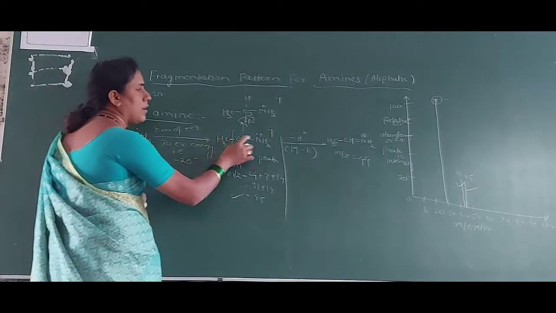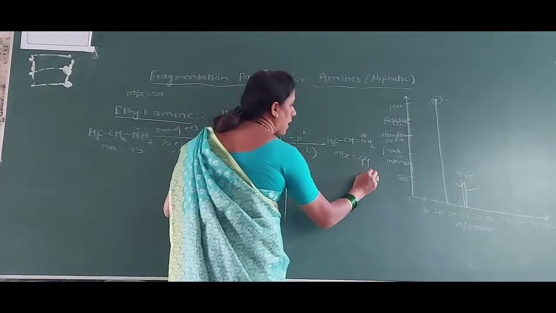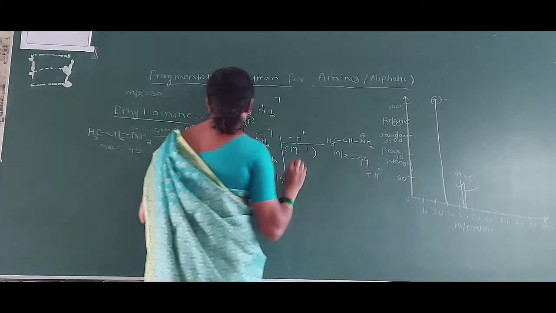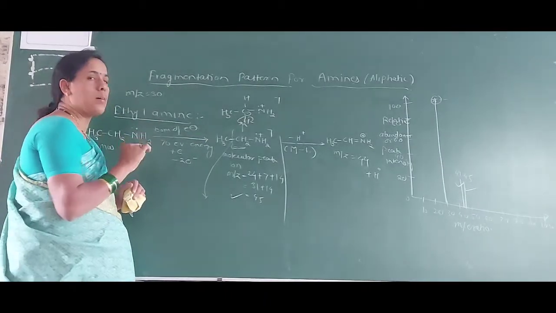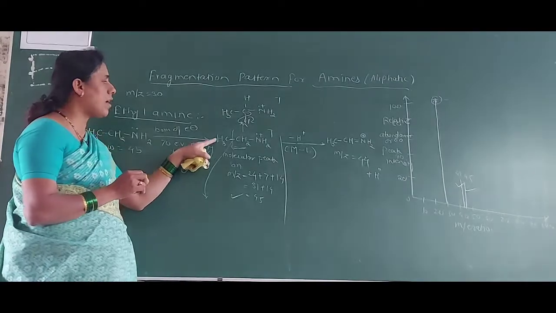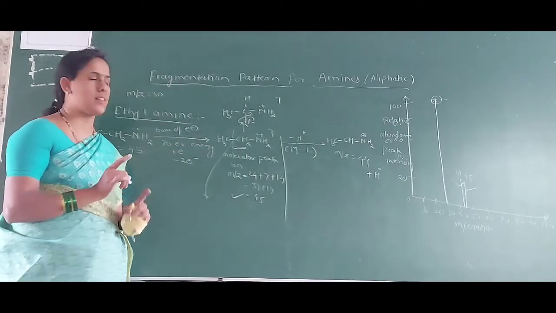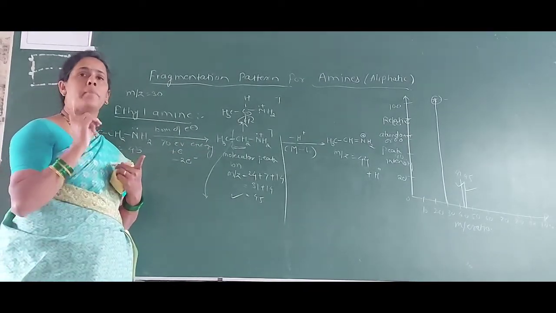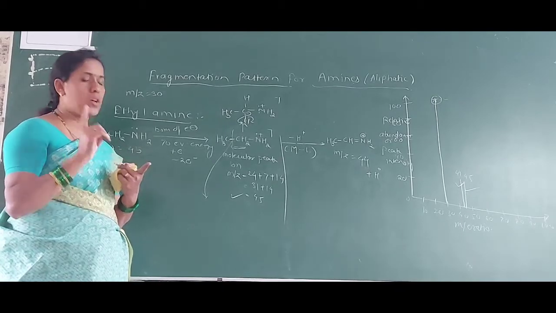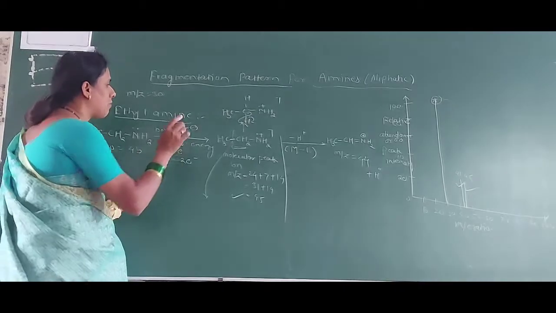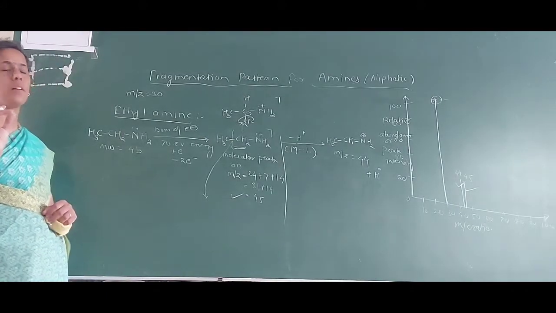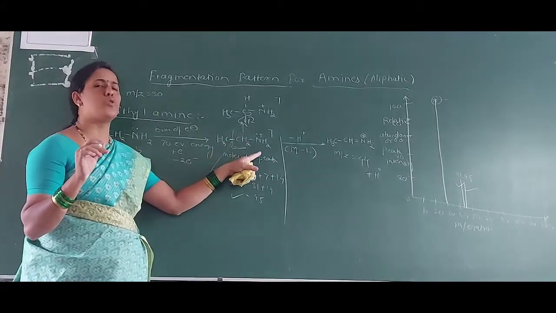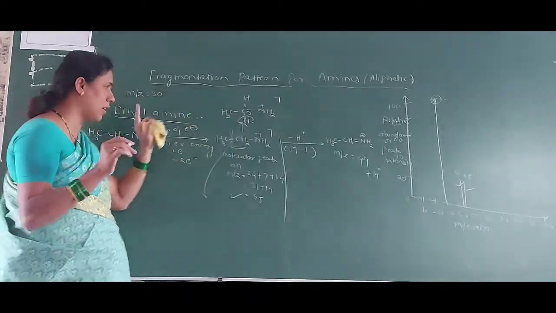Therefore, we have to consider only fragments. Again I am repeating to you that we have to consider only the cations in mass spectroscopy, not neutral fragments, not a radical. Therefore, we have to remove the radical alkyl group so that we get the m by z ratio equal to 30.